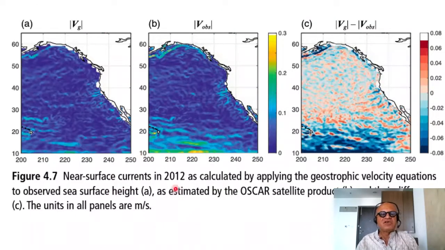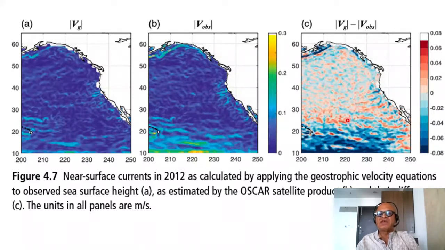So these are near surface currents in 2012 as calculated by applying geostrophic velocity equations to observed sea surface height. In A, as estimated from the OSCAR satellite product, and B, A is the observed sea surface height, the geostrophic currents directly estimated from sea surface height, this is estimated by OSCAR, which is a product, and this is their difference.